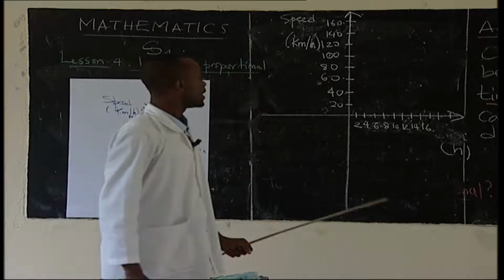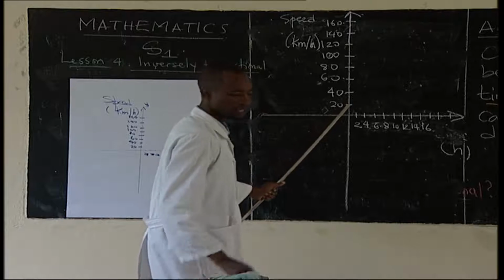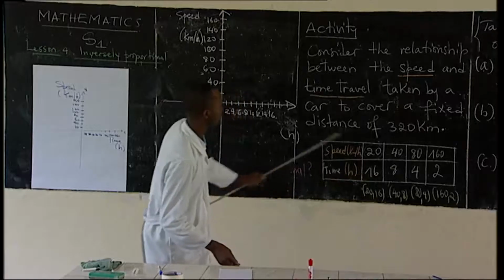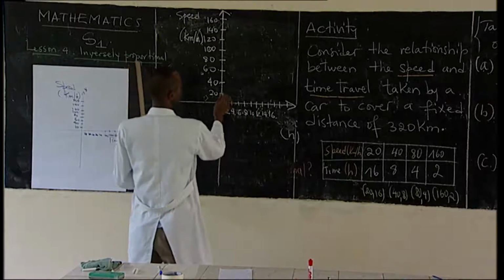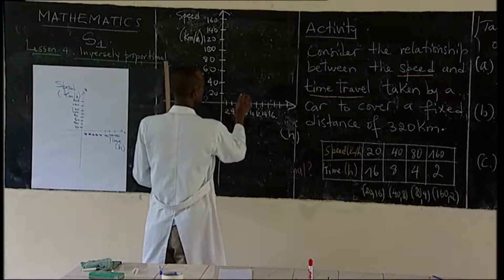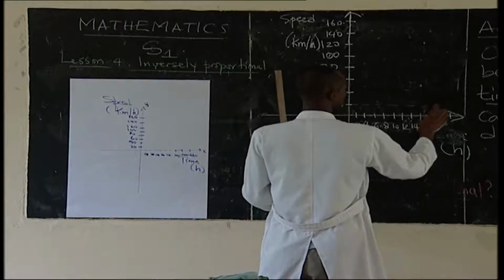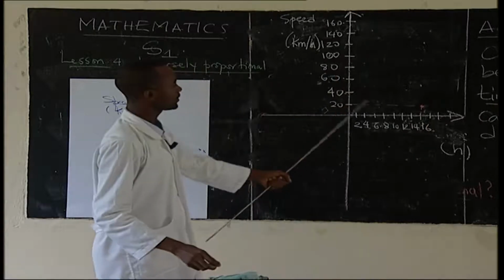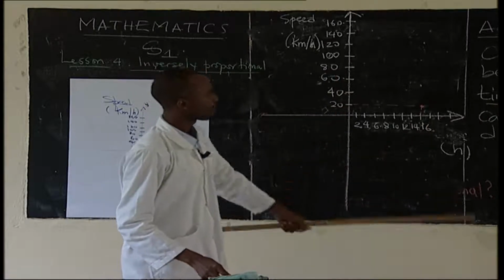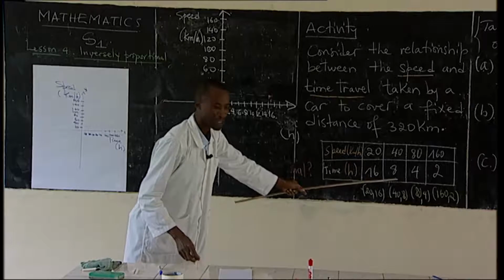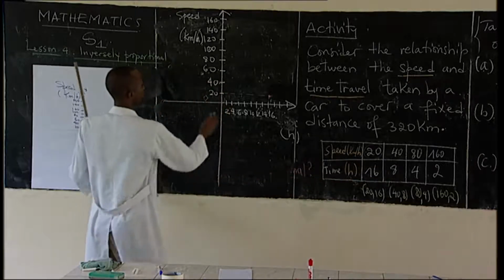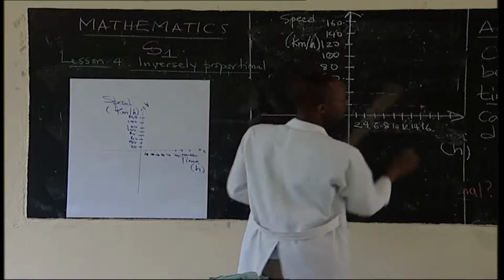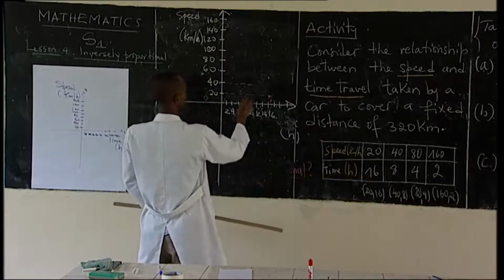Now, at 20 kilometers per hour, it has been covered in 16 hours. 20 kilometers has been covered in 16 hours. 40 kilometers has been covered in 8 hours. It's here.